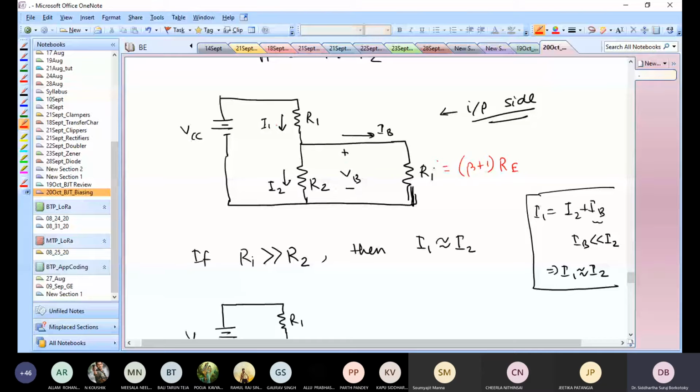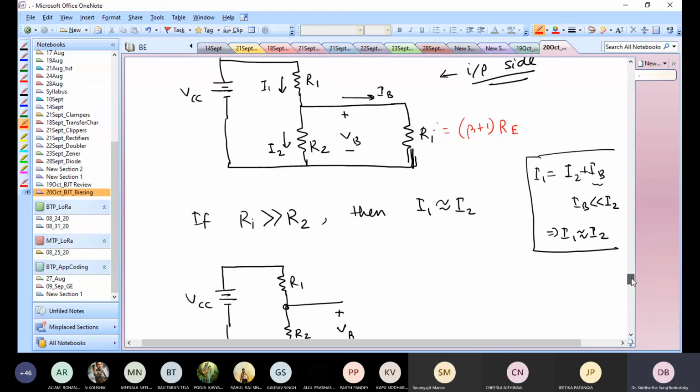So IB would be very small compared to I2. That is true even in normal circumstances, but here Ri is so large that IB is extremely small compared to I2.